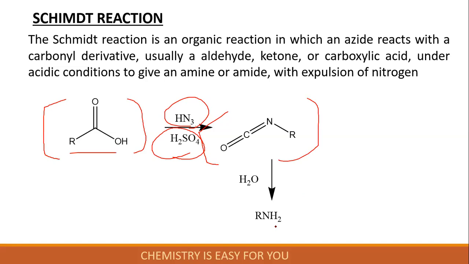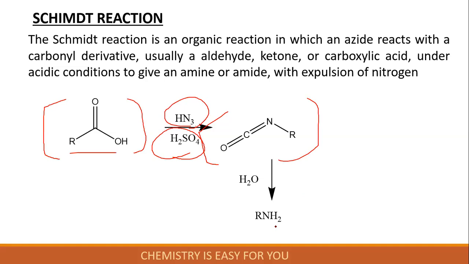So in all these reactions, Hofmann bromamide degradation, Curtius, Lossen and Schmidt reaction, the common thing is isocyanate formation. We should remember this. Only the difference will be in the initial reactant. In Hofmann bromamide, we have a primary amide.